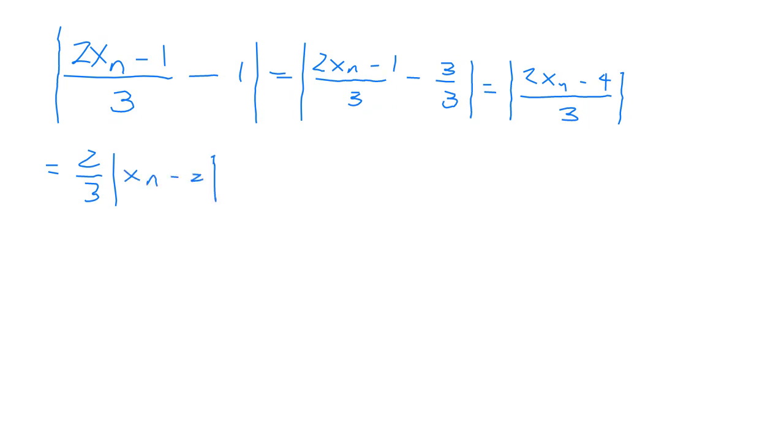But if you remember the previous board, before I erased it, we had shown that x sub n minus 2 will be less than 3 over 2 epsilon. We're going to now replace that. But remember, if you replace it, it's now less than, because x sub n minus 2 was less than it. So we replace x sub n minus 2 with 3 over 2 epsilon.